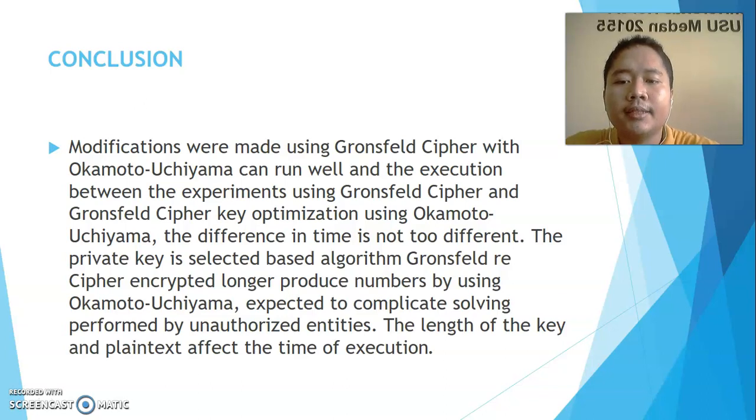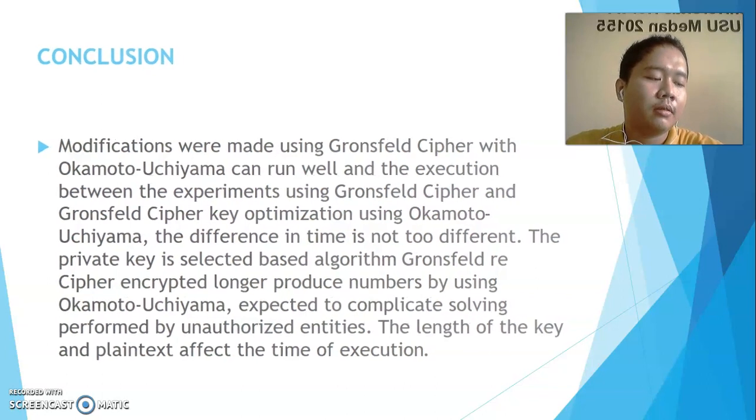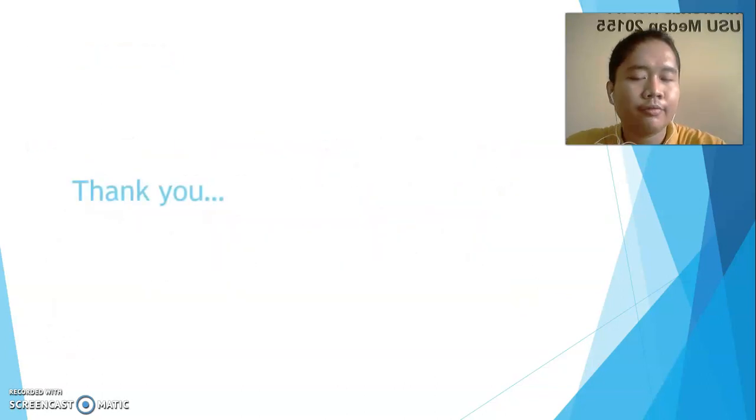The private key is selected based on the Gronsfeld cipher algorithm and encrypted to produce longer numbers using Okamoto Uchiyama, expected to complicate solving performed by unauthorized entities. That's the main point. And the length of the key and plaintext, of course, has an effect on the time of execution.